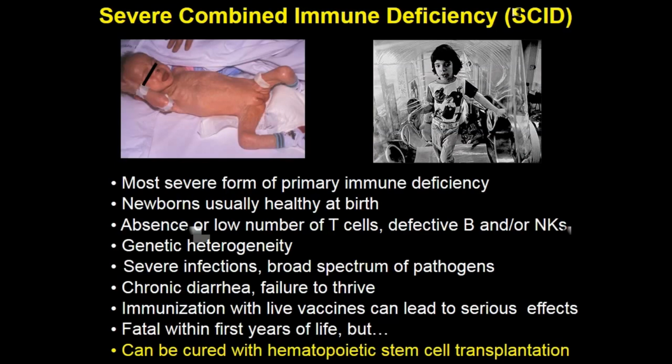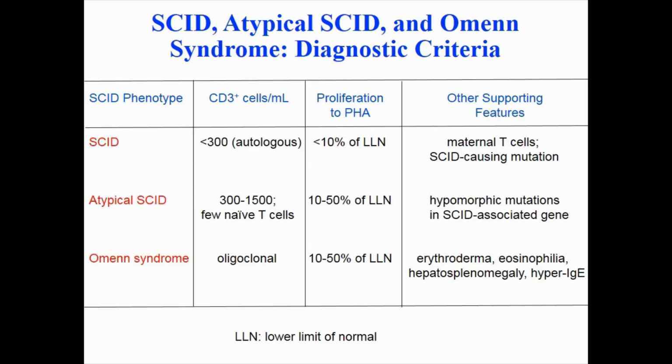Now, the Primary Immunodeficiency Treatment Consortium, which is the largest network of centers in North America caring for patients with SCID, Wiskott-Aldrich syndrome, CGD, and now also the immune dysregulation disorders, has defined criteria for severe combined immunodeficiency and has distinguished between typical forms of SCID and atypical forms of SCID, and also Omenn syndrome.